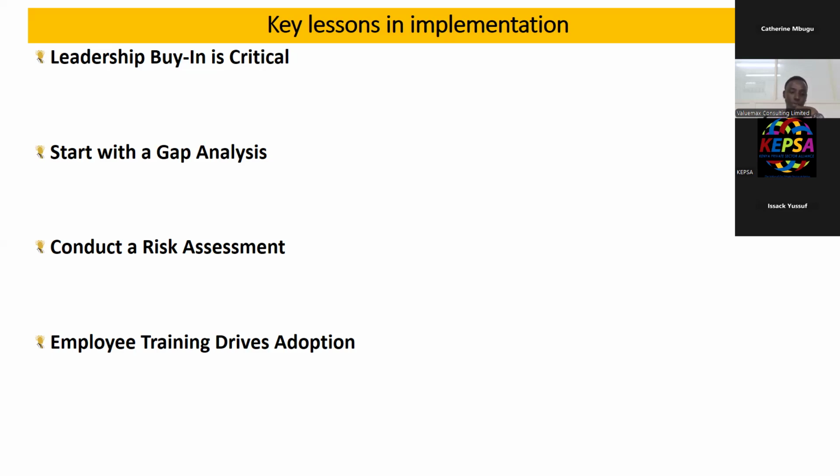There's also employee training. It drives adoption. If employees are not properly trained on this ISO standard, it will be very hard for you to implement it. All employees have to be trained. They have to know what this ISO standard is all about and what it means to be ISO certified. You don't want a situation where only the leadership knows what ISO is, and the junior employees or other management are not sure.